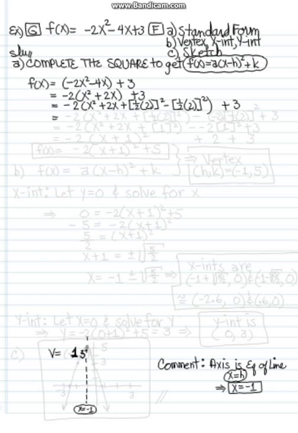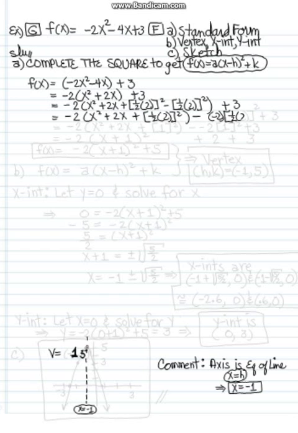Okay, so bring down the negative 2, parenthesis, x squared plus 2x. Simplify, let's see. We're going to carefully pull the subtracted bracket out to the back. Now the deal is this. There's a negative 2 factor in the front of the parentheses, so anything we pull out comes out with a factor of negative 2 also.